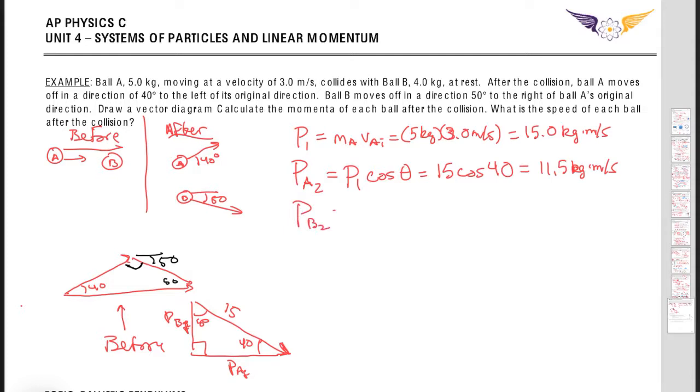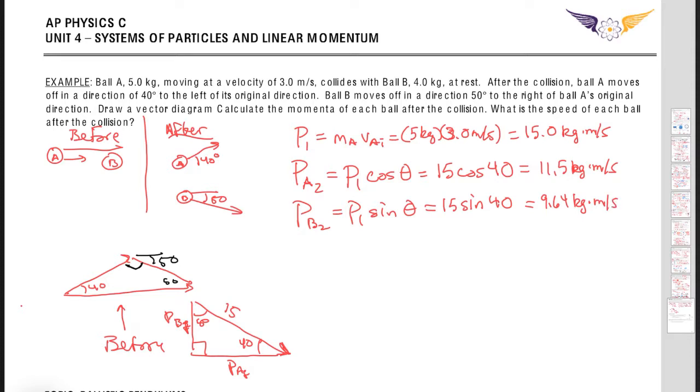And ball B after is going to be P1 sine of that angle, which is 40. So it's going to be 15 sine 40, or 15 times sine 40 equals 9.64 kilograms times meters per second.